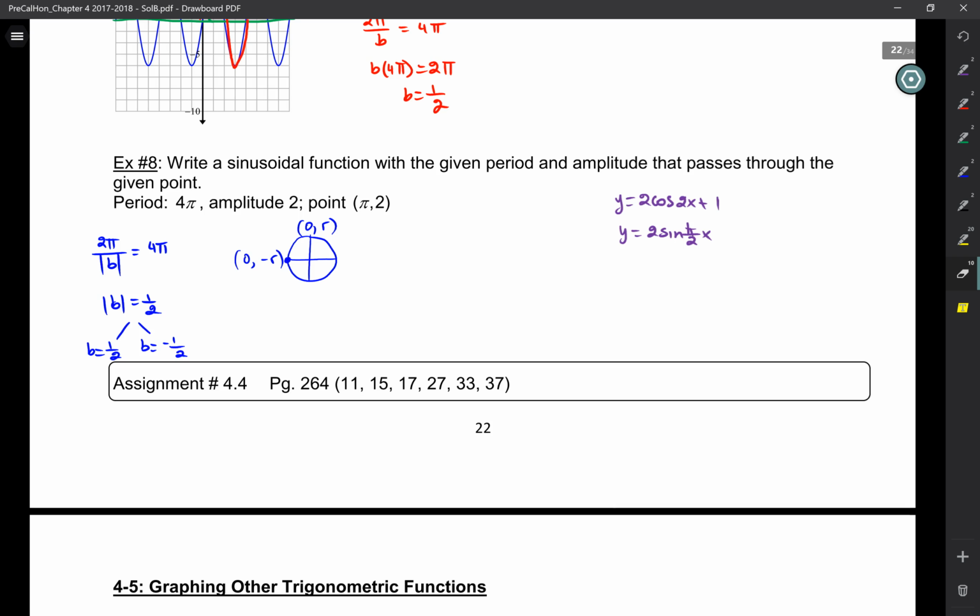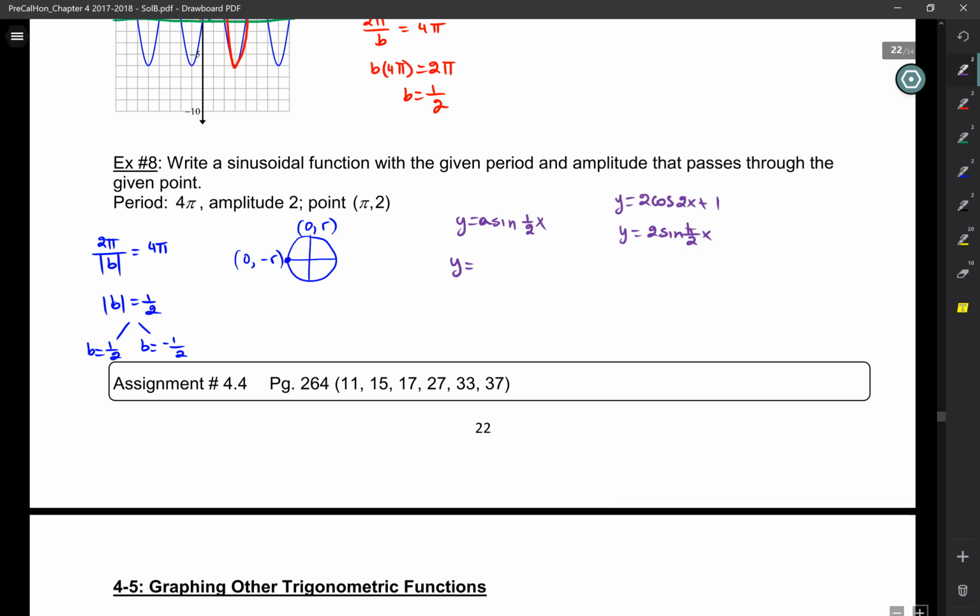So it's going to be y equals a sine or cosine half of something, because b is a half. All right, now, when x is pi, we're at 2. So it's going to be sine half of something, right, times x. So let's try that one.